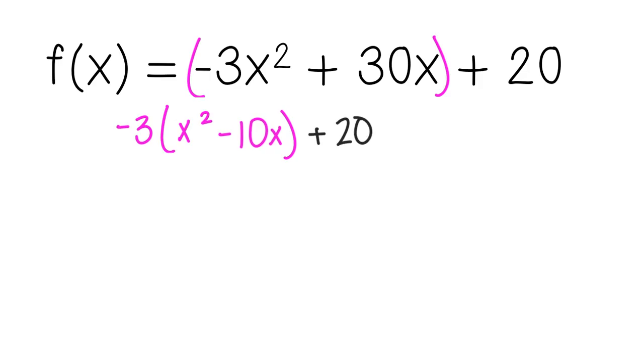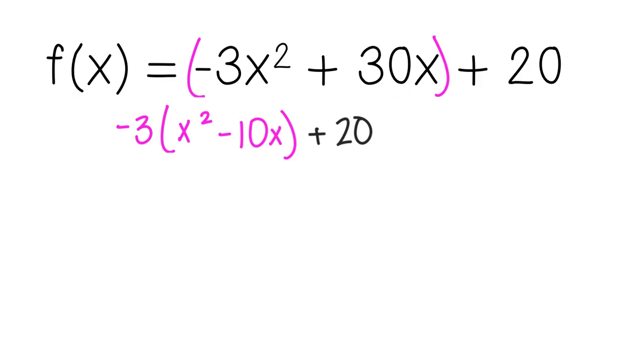You don't have to expand it this way. You could put those blanks in there if you feel comfortable, but I'm just showing you in steps. It is a -10 because if I factor out a -3, it's going to be -10. So if I multiply -3 times -10, that's going to give me a positive 30. Negative times negative is positive.